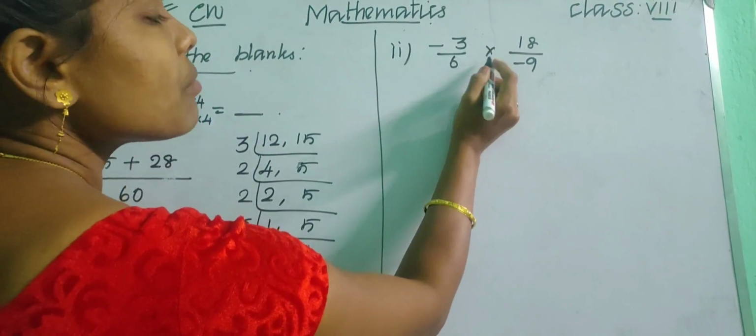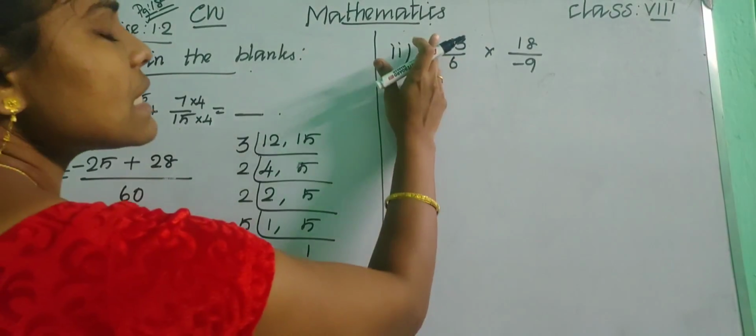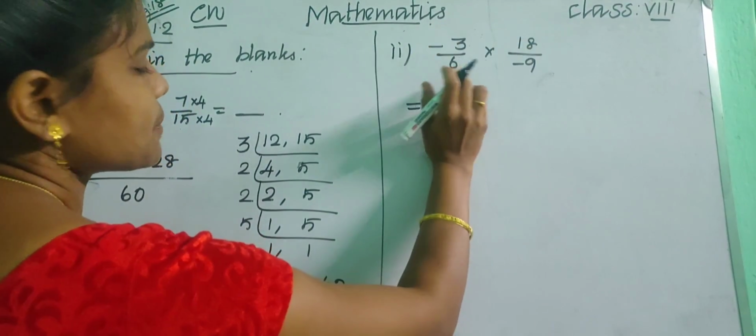See, we are going to do multiplication. We have a multiplication symbol there. While doing multiplication, we can multiply the corresponding numerators and corresponding denominators, and also we can make it into standard form by simplifying. So here we can simplify and multiply the corresponding numerators and corresponding denominators.